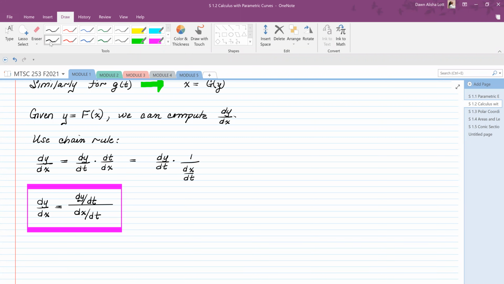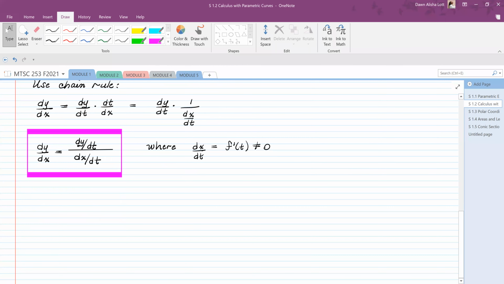Now here, we're going to assume dx dt, which is equal to f prime of t, is not equal to 0. So if it equals 0, you have a vertical tangent. Okay, so if dy dt is equal to 0, then you're going to have a horizontal tangent.